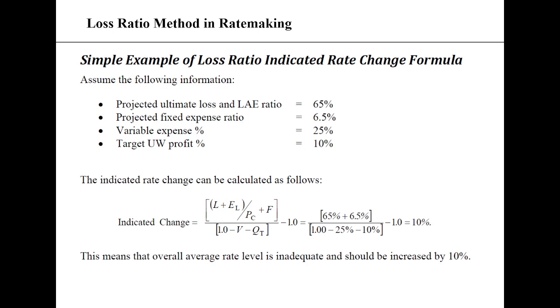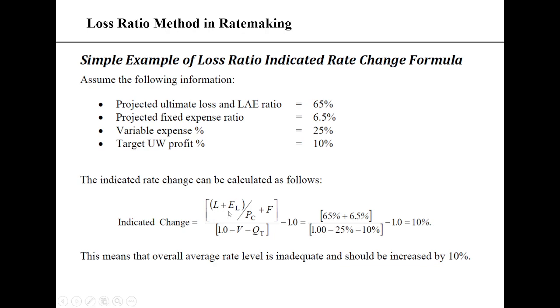So to get the indication of rate change, we use the loss ratio methodology. This is just a numerical example. PC is the premium at current rate level, and L is the losses, so ultimate loss, right?